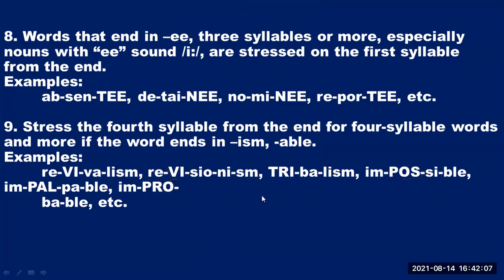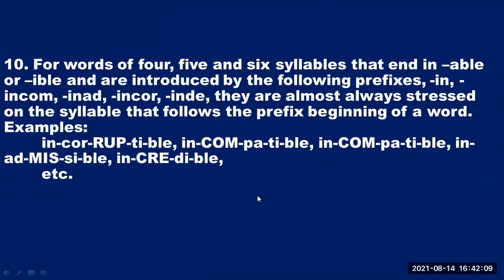Okay? So let's now go to rule number 10, which incidentally is the last rule. For words of 4, 5, and 6 syllables that end in able or ible and are introduced by the following prefixes, in, incom, inad, inco, they are almost always stressed on the syllable that follows the prefix at the beginning of a word.